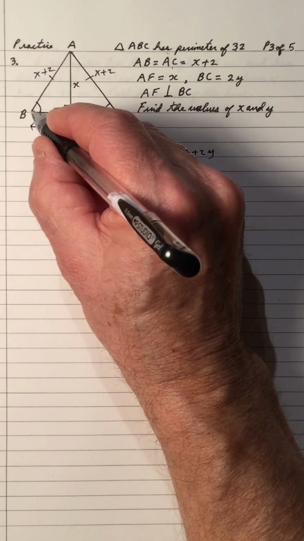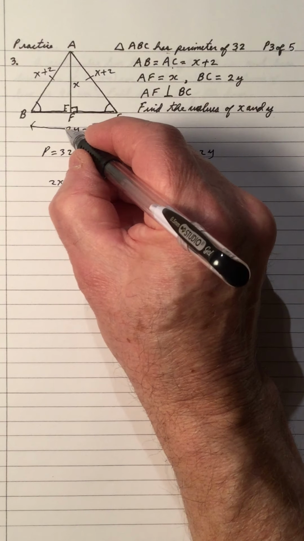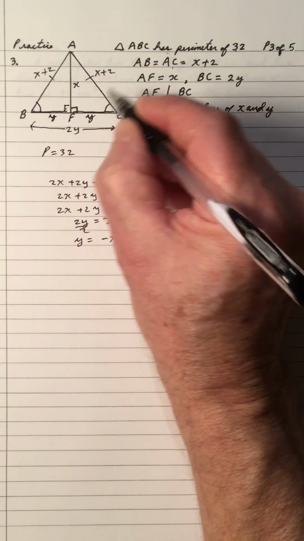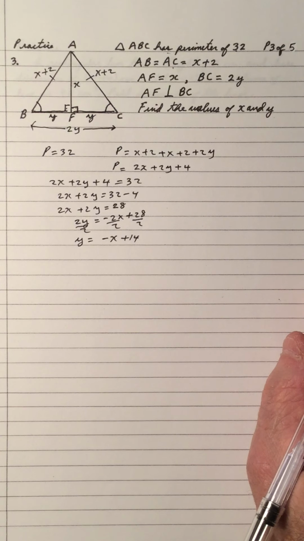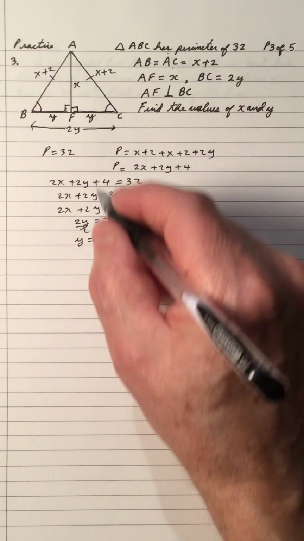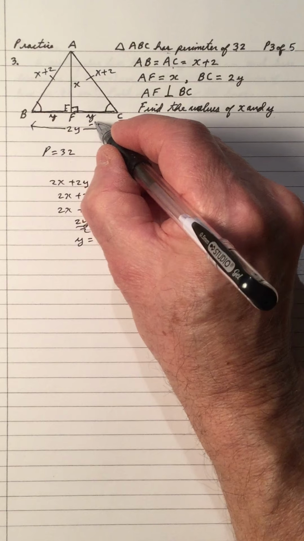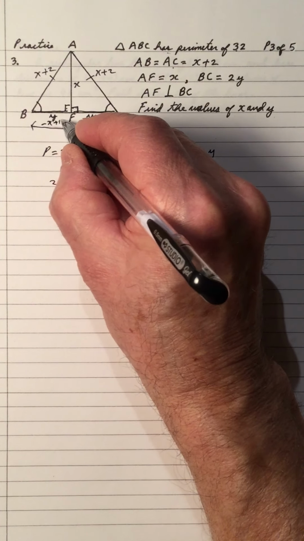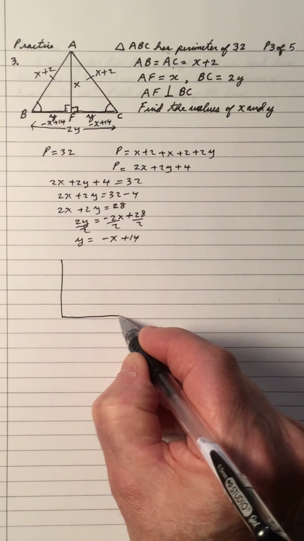That makes this side equal to this side in each of the triangles. So if that's a 2y and these are equal, that must be a y, and that must be a y, because the triangles are congruent. That means we have y is equal to x, or negative x plus 14. So this is a negative x plus 14, and this is also negative x plus 14. That means, if we think about it, we have a right triangle.